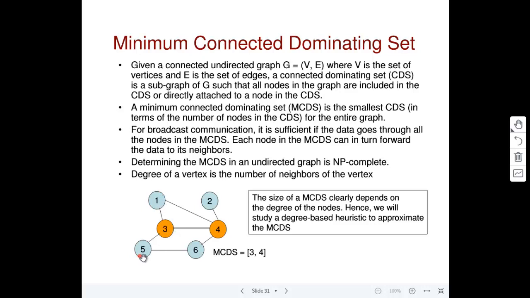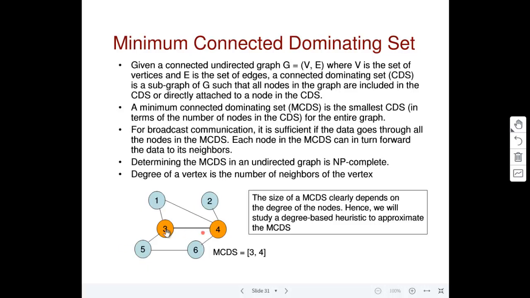So we are not letting every node broadcast a message. If every node broadcasts that particular message to its neighbors, that process is called flooding, which is not a good process because then you're just using up the network bandwidth by letting every node broadcast to its neighbors.